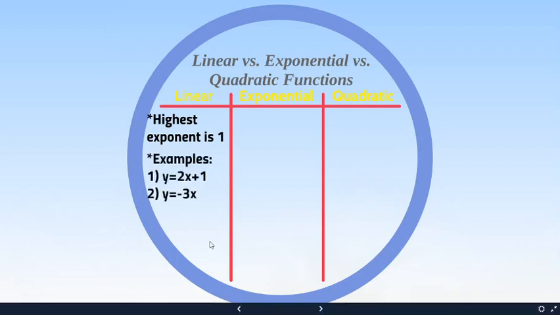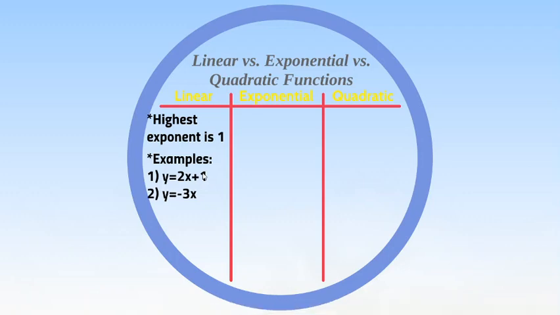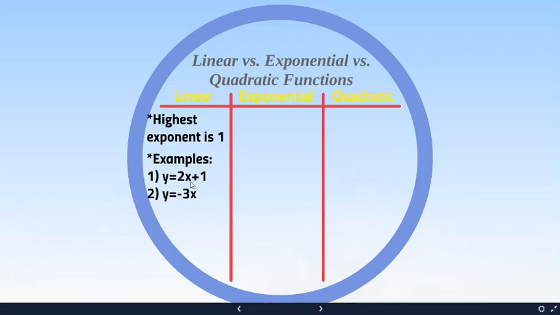Like for example, y equals 2x, or 2x to the first power. I don't see a first power, but technically there is a secret 1 hanging out with my x. And then this term does not contain an x, so technically the highest exponent is x to the 0, because if you remember, anything to the 0 power is a 1. So on this one, your highest exponent is x to the first.